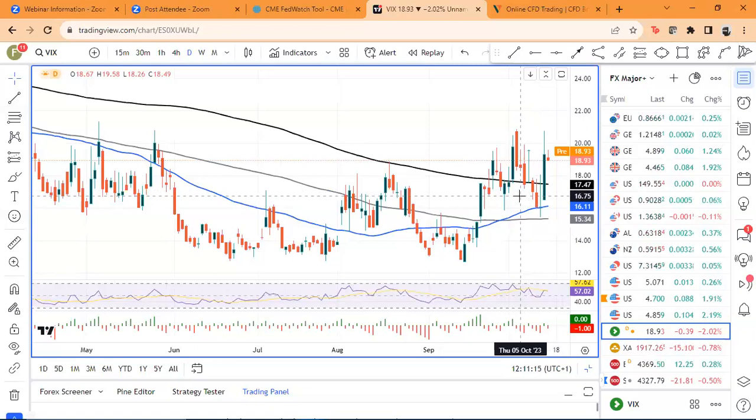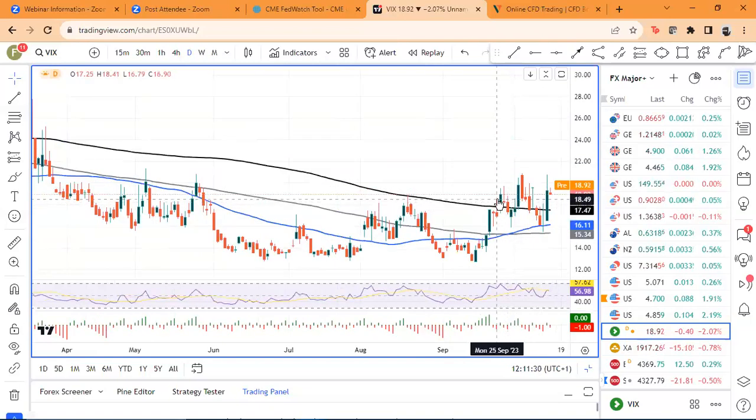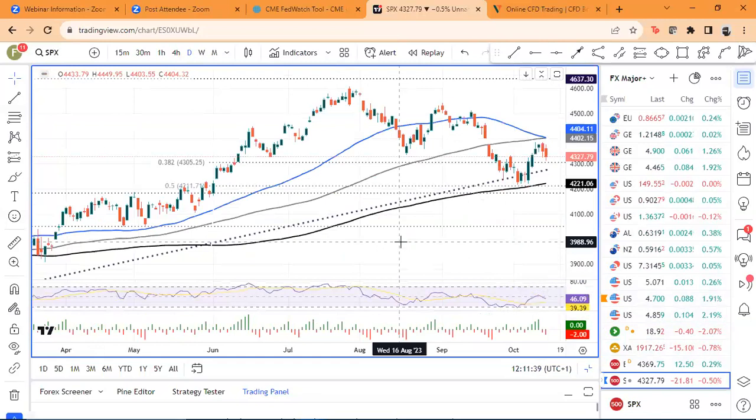NASDAQ a touch more volatility, measuring for the week at 2.14%. So potential volatility ahead, and the VIX picking up here. If we do move above 20, then just beware of that, of course, for stocks. Otherwise, as I mentioned, we do have Q3 earnings really heating up now.